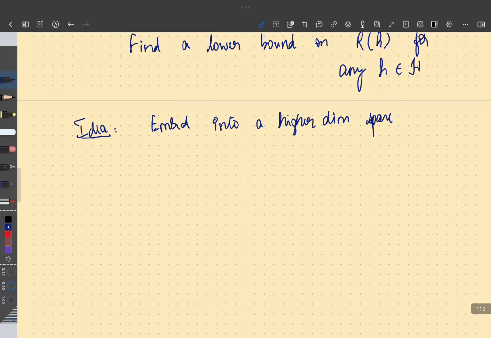So you embed into a higher dimensional space and you look for a linear classifier in the higher dimensional space.